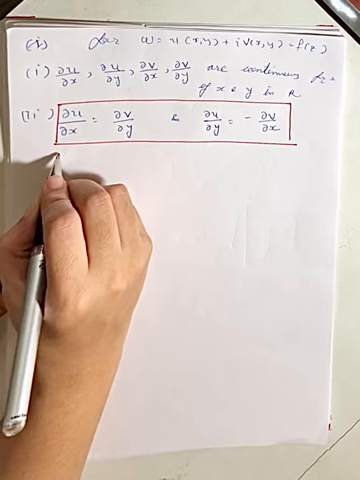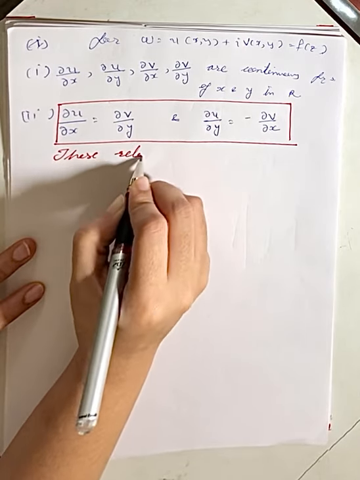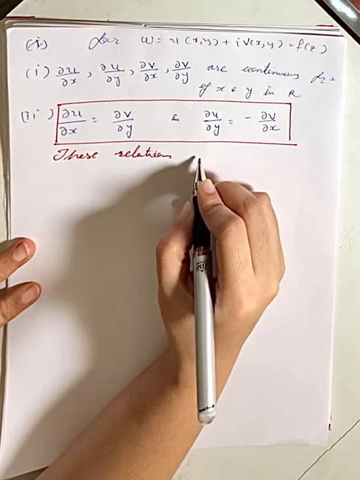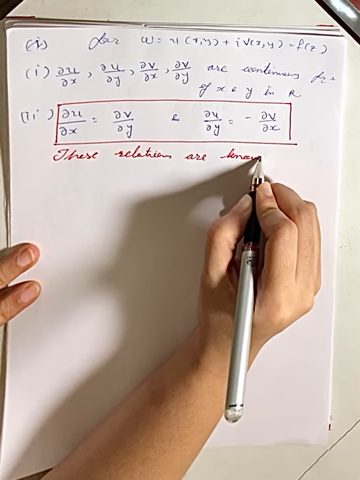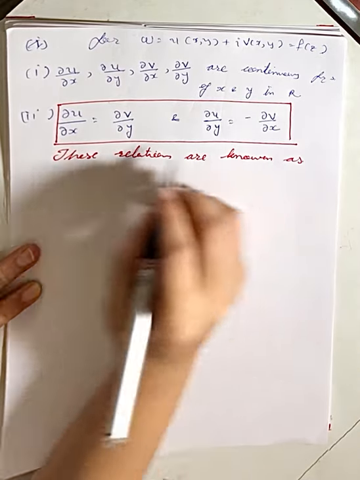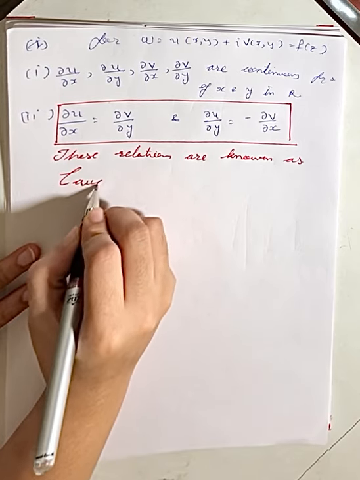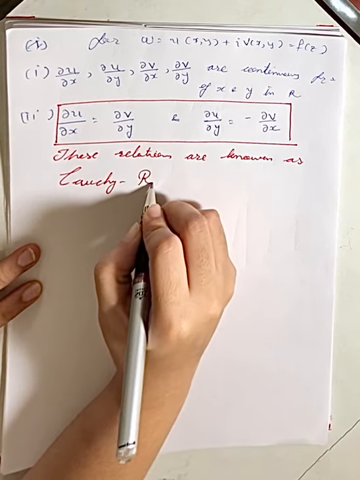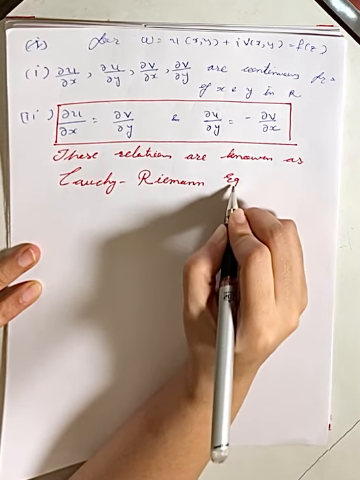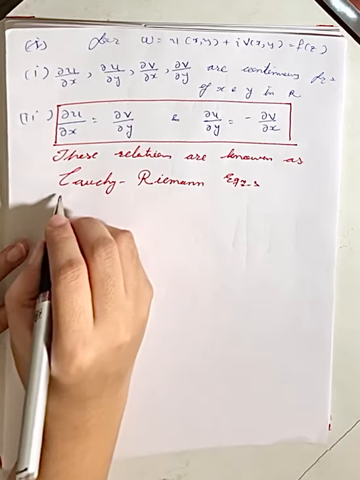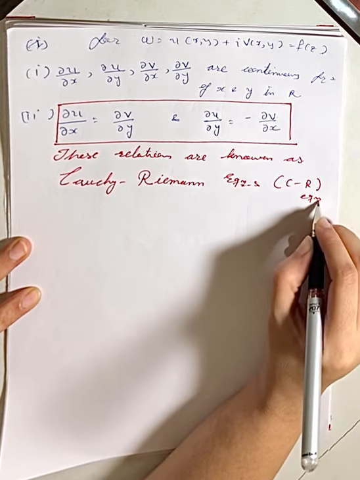These relations are known as Cauchy-Riemann equations, or in short, CR equations.